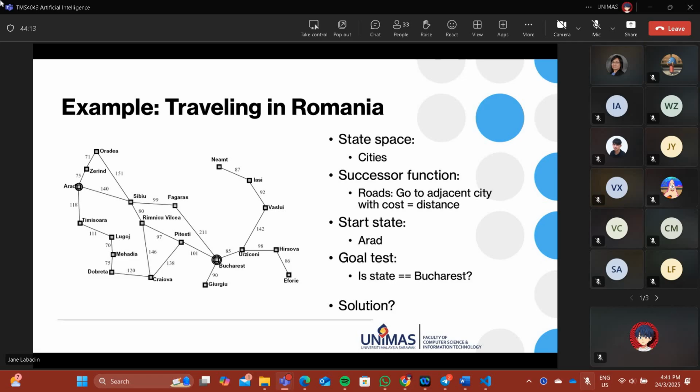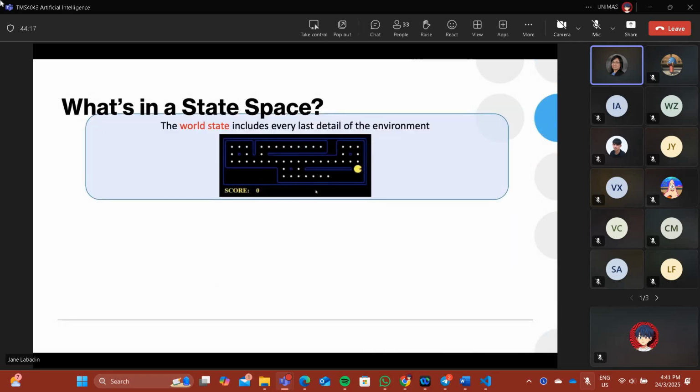It depends on the problem that you have. There are actually many states that you can be in, but you do not need to consider all of them.